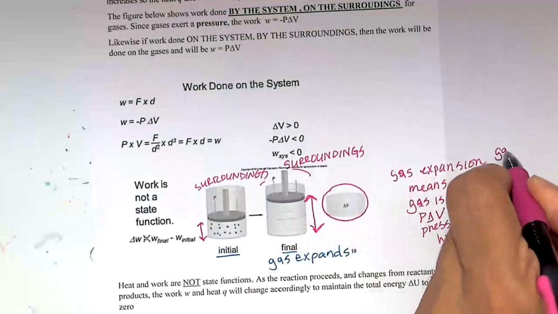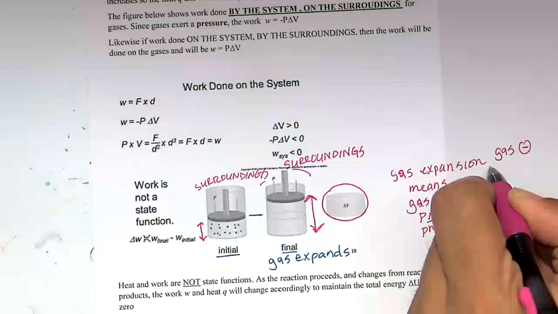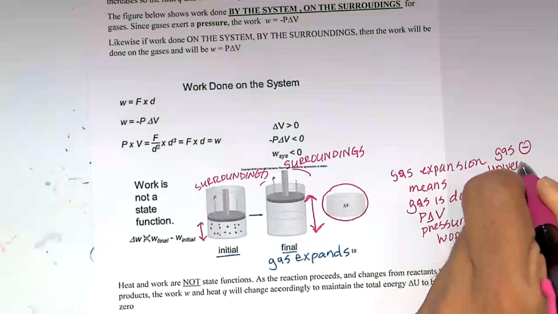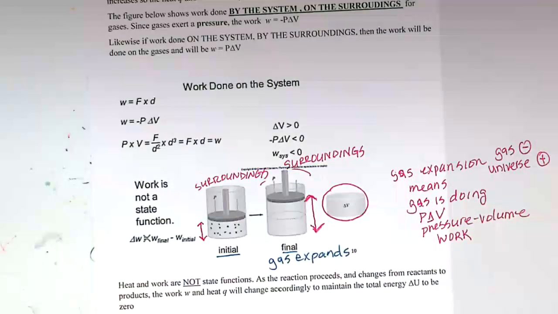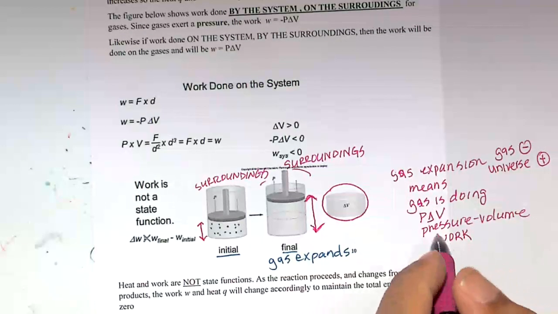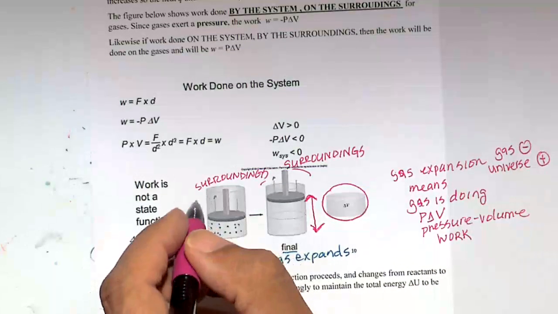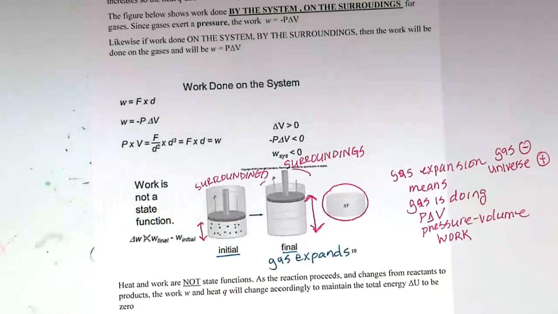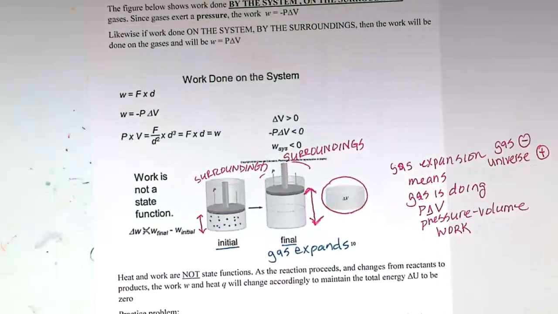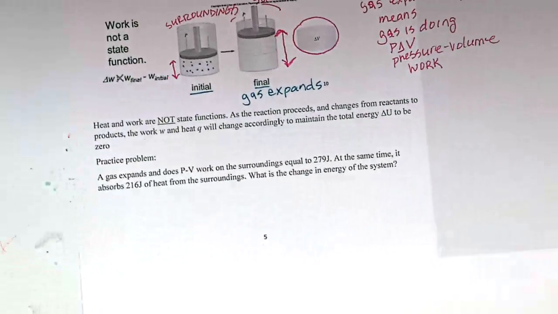For a gas expansion, the gas would be negative. What would the surroundings be? The surroundings would be positive. So that is pressure volume work for gases. There are only two things you can change for a gas: its pressure and its volume.